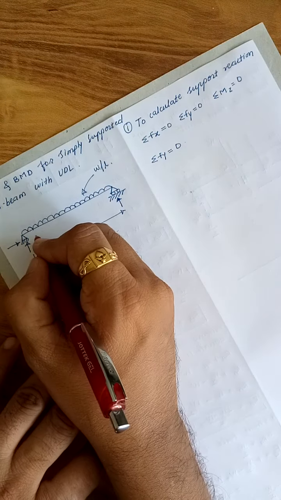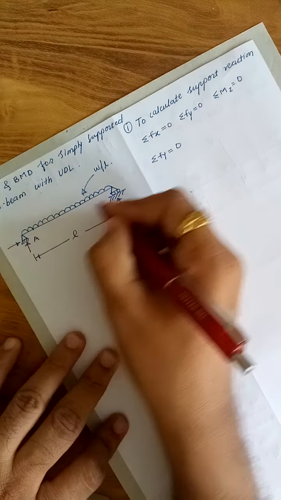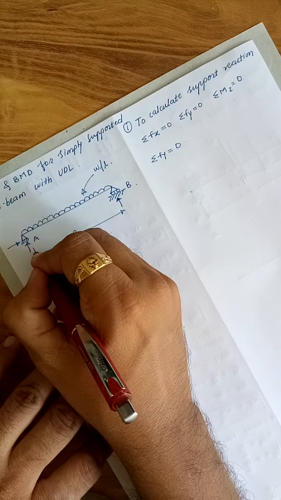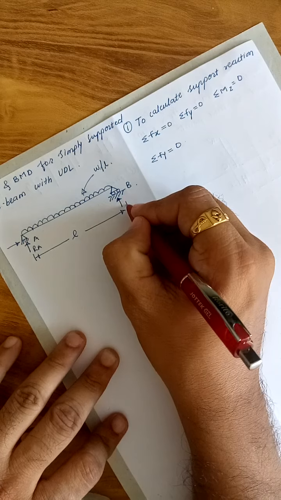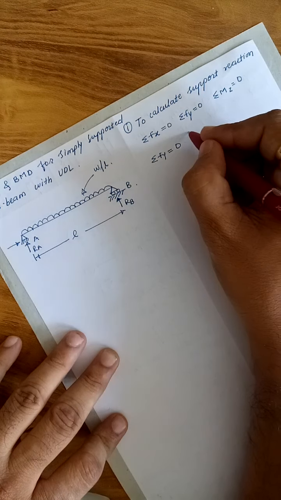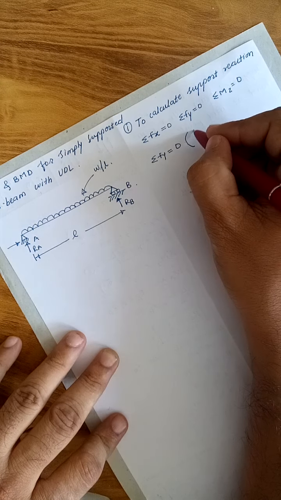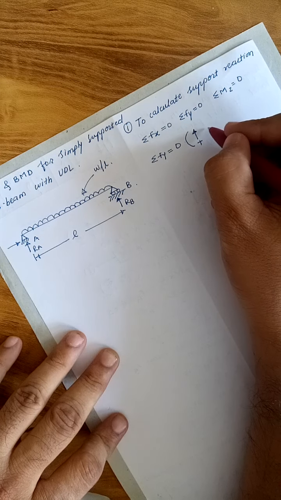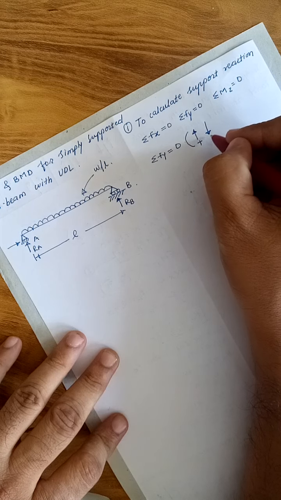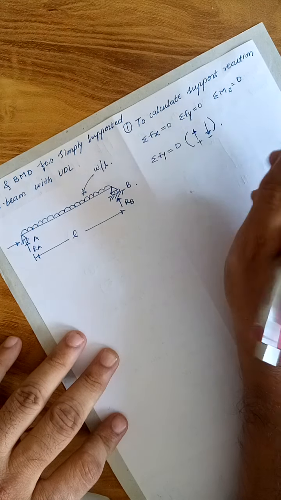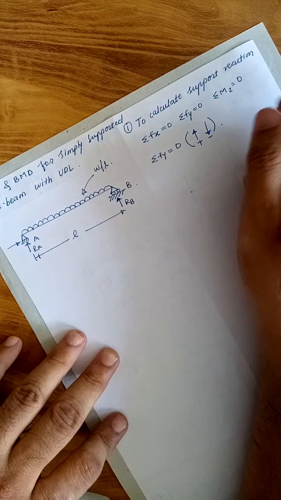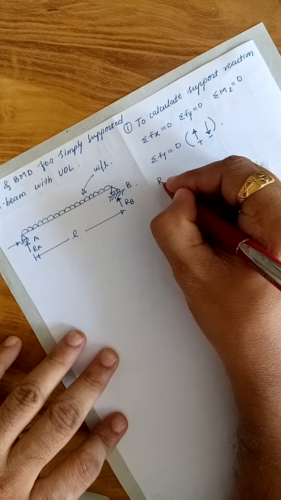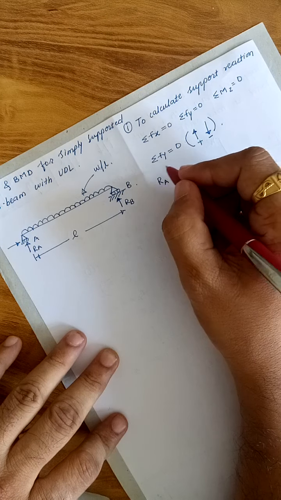Suppose this is point A and this is point B. So there is a reaction RA and a reaction at point B. For summation of Fy, the forces going in an upward direction will be considered positive and the forces going in a downward direction will be considered negative. Now the reaction at point A is in an upward direction, so RA will be positive.